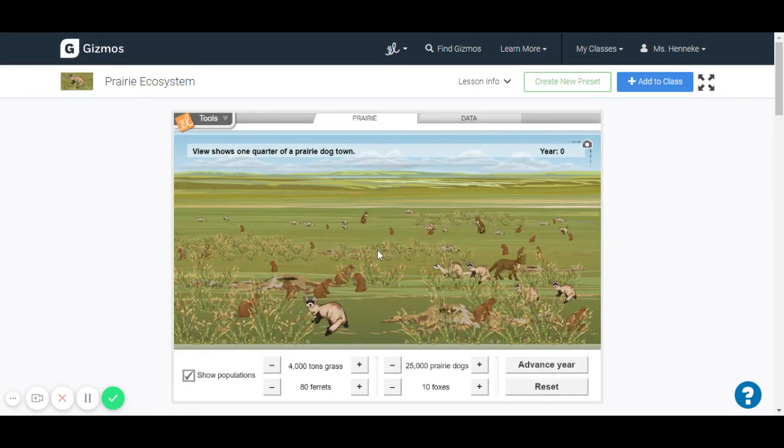Now, I notice in my ecosystem here, I have prairie dogs. They eat grass. I have ferrets. I wonder what they eat. I know foxes are carnivores. I bet they eat the prairie dogs. Let's kind of explore this concept back to our food webs.